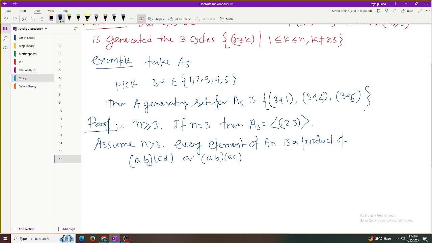Now there is no common element, and there is a common A. Okay, A, B, C, D are distinct. So if we can write this type of elements with the help of this RSK, then we are done.